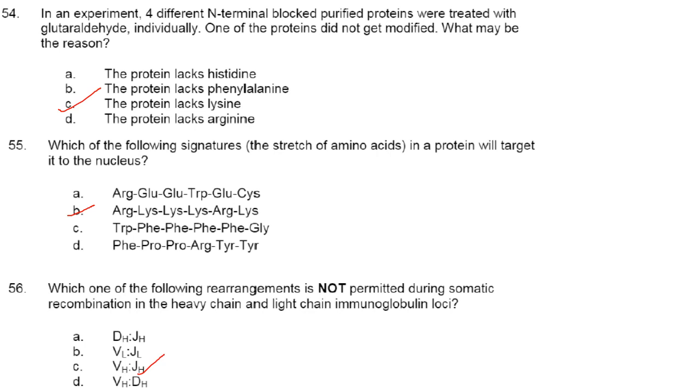Then, in an experiment, 4 different N-terminal blocked purified proteins were treated with glutaraldehyde individually. One of the proteins did not get modified. What may be the reason? Glutaraldehyde is one of the most effective protein cross-linking reagents. The glutaraldehyde cross-link is known to be a highly non-specific process that involves most of the lysine residues distributed on the surface of the protein.